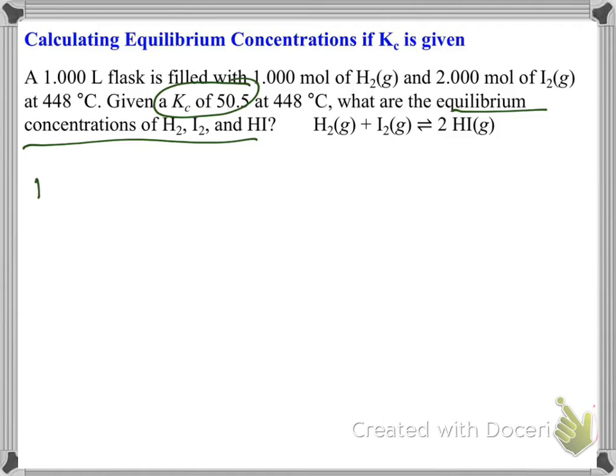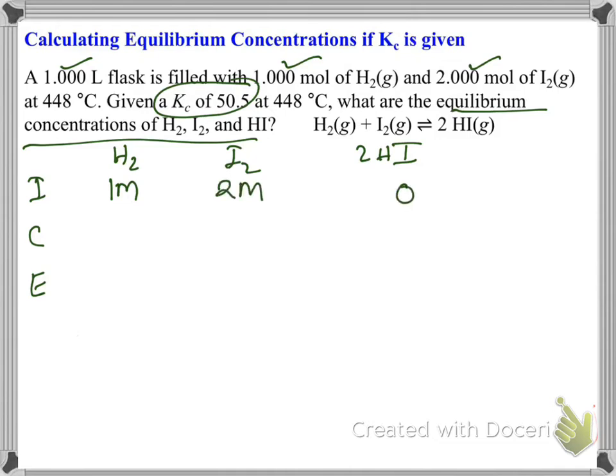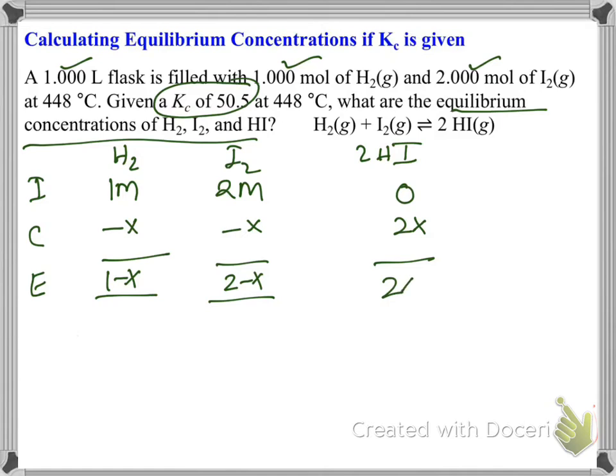So I'm going to make again my ICE table. Here is my hydrogen, iodine, 2HI. Initially, I started with 1 mole of hydrogen. 1 mole of hydrogen in 1 liter makes it 1 molar. 2 moles of iodine in 1 liter makes it 2 molar. And initially, HI is 0. If I assume the change is negative x, negative x, 2x, then at equilibrium it is 1 minus x, 2 minus x, and 2x.